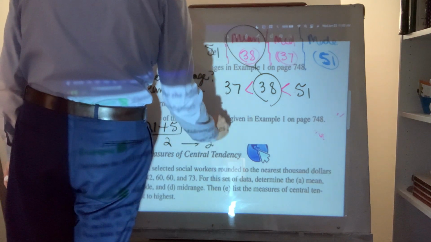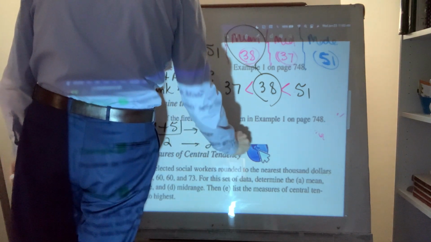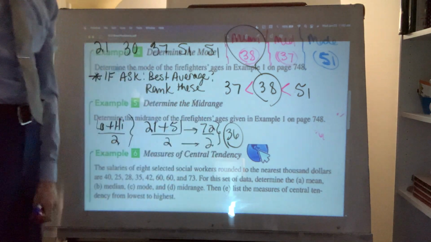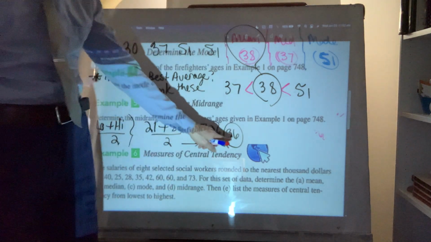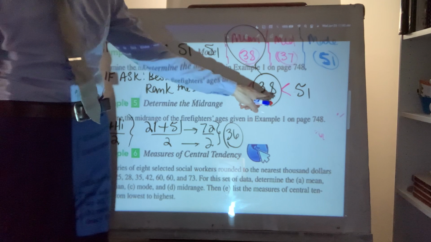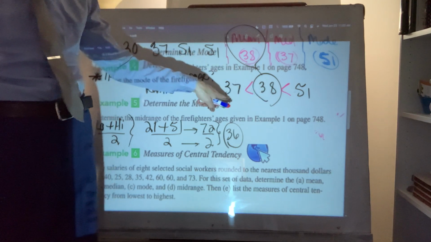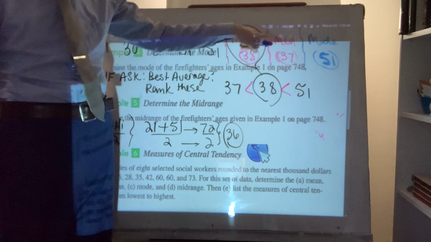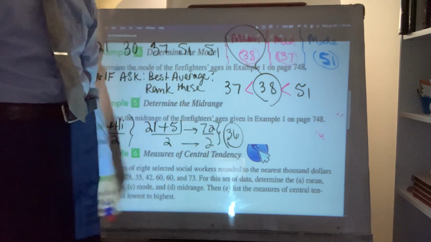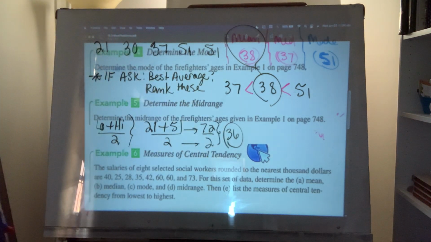And if you divide 72 in half, you get something pretty reasonable, 36, right? That's not too far off from these other two of the main three: mean, median, and mode. So it isn't unreasonable.